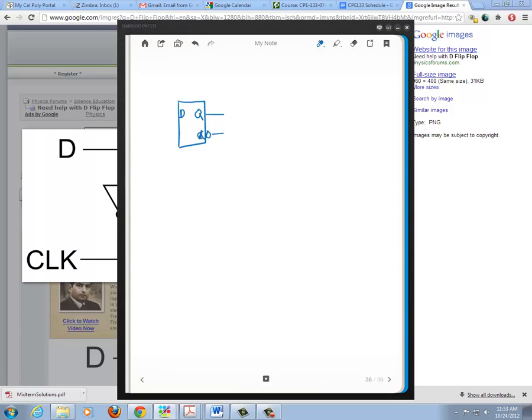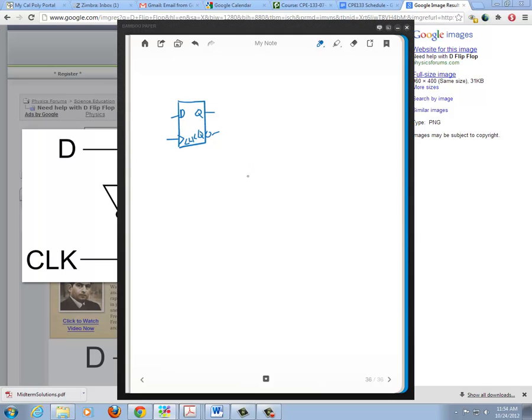Sorry, this is a Q. And we show a clock input with a little triangle here. Okay, so there's our D flip-flop.